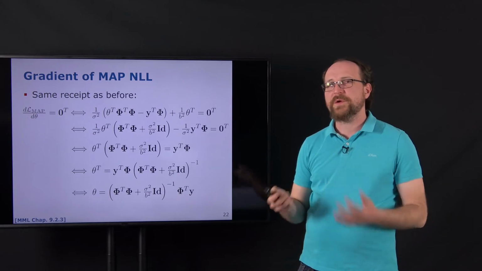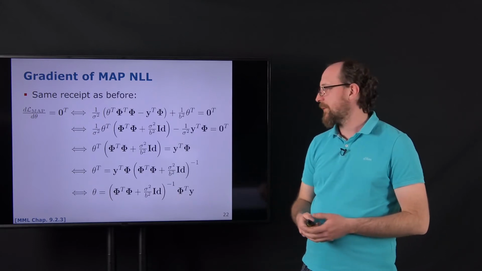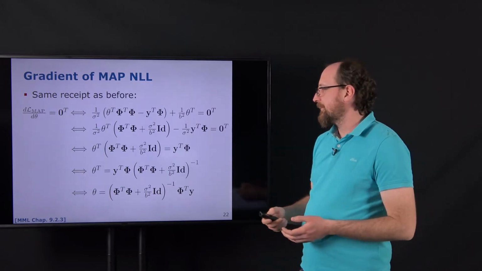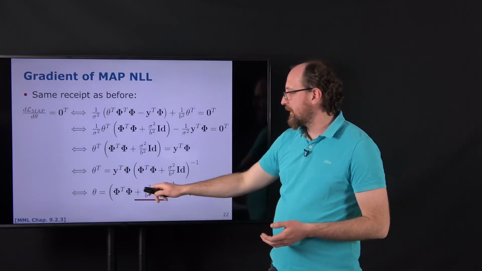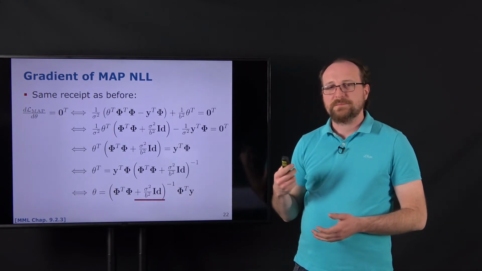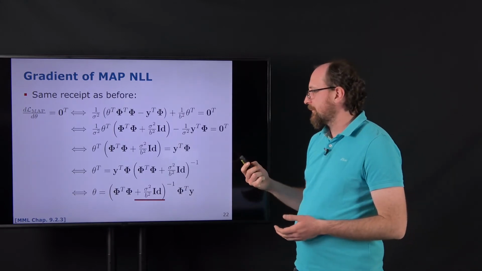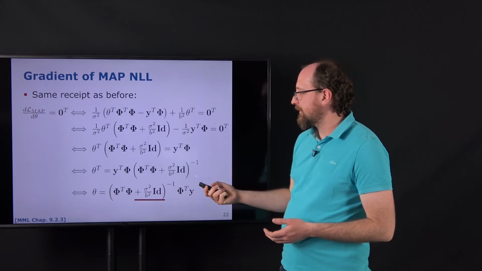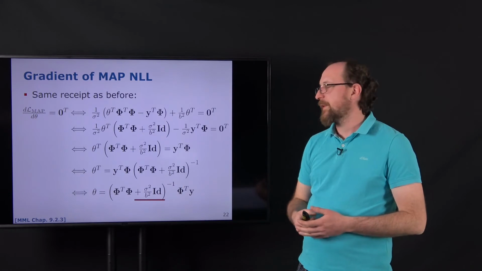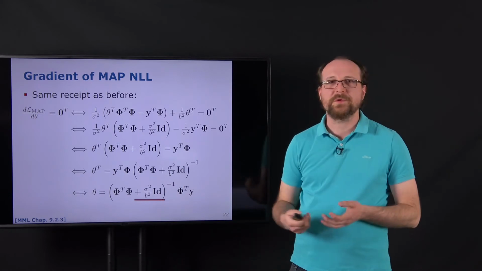But when you compare the two normal equations that we get in the end, you will see that the one additional term is this added identity matrix here. And when you think of it, it can be thought of as a penalty term.